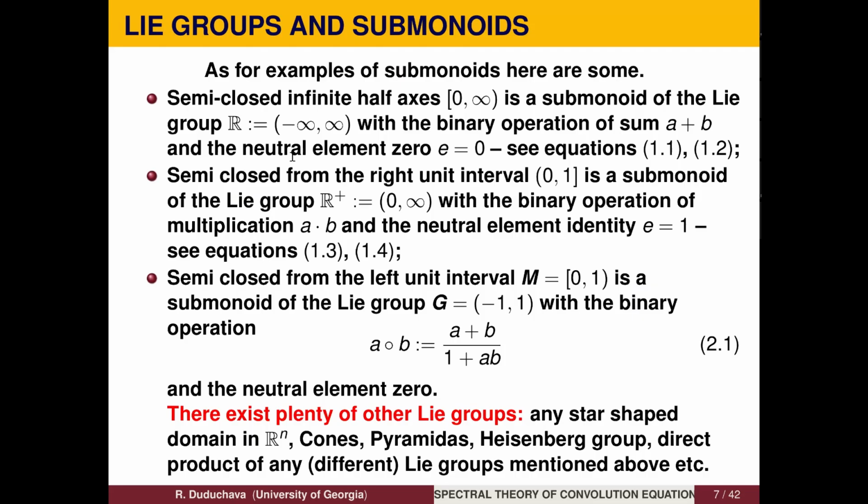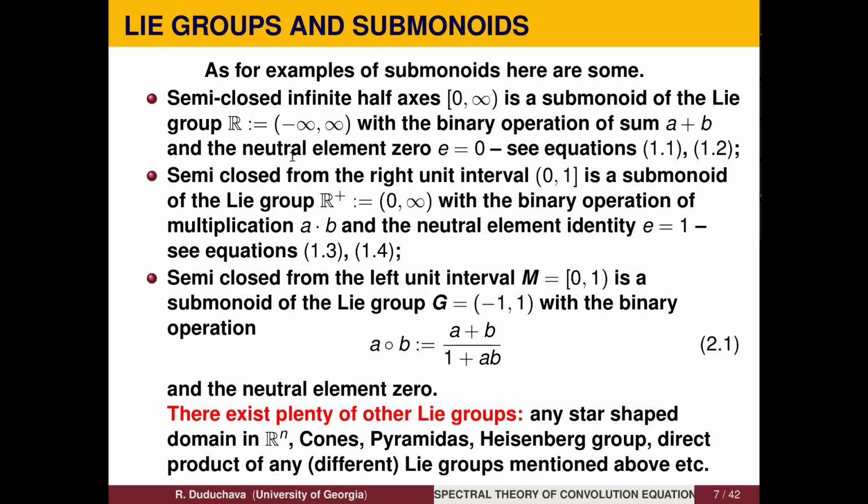Second, the semi-closed interval from the right, 0, 1, which is closed at 1. 1 belongs to this set. It is a submonoid of R plus, the half axis, a submonoid of this group. And this binary operation here is the multiplication. Identity is 1. So these are two examples of submonoids.